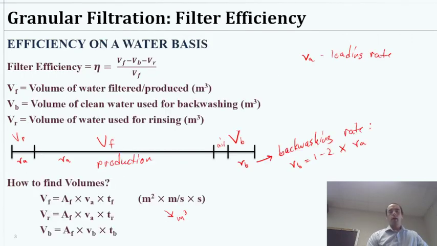It's going to be something a little less than 100%. So actually, I'll just back up a step and say this filter efficiency is often something like 0.9 something. So 90% or better probably, which we would want, right?